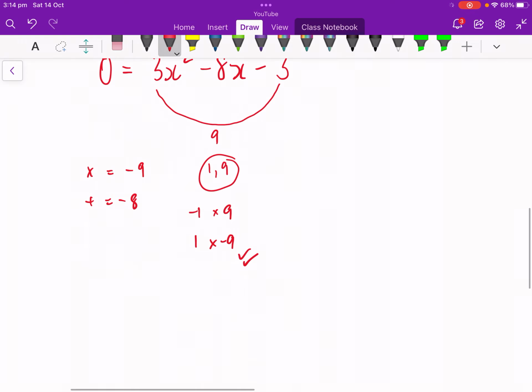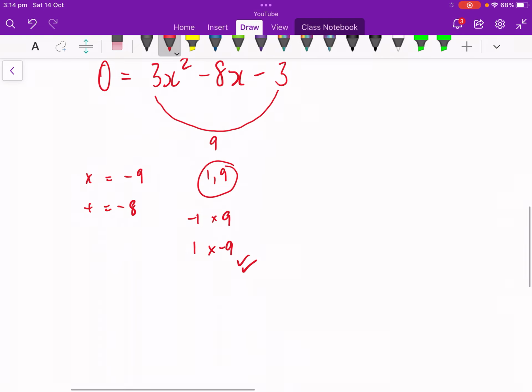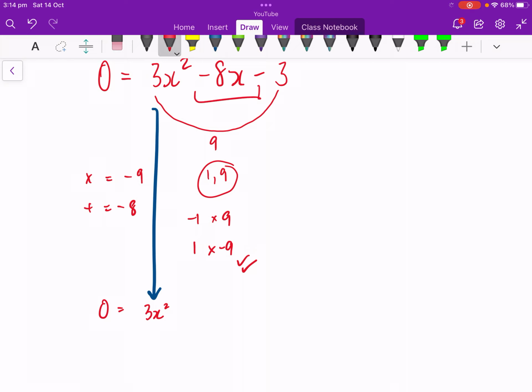So that means I'm going to rewrite this as 3x squared. I'm going to keep that first bit. I didn't change that. Now I'm going to rewrite negative 8x in terms of these factors. So that's the same as saying positive 1x take 9x. Sorry, positive 1x, that's a plus.